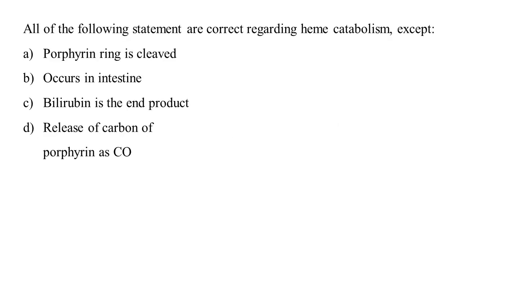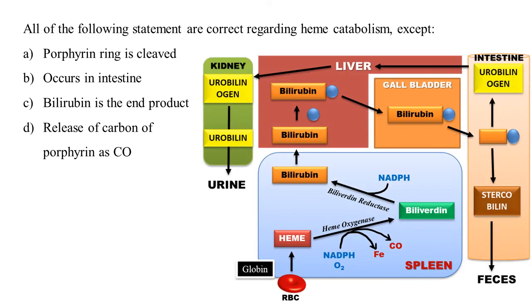All of the following statements are correct regarding heme catabolism, except. Four statements are given, out of which one does not represent the correct stages of heme catabolism. As you know, RBC has a limited lifespan of 120 days, after which it surrenders to the laws of nature. In the reticuloendothelial system, of which the spleen is also a part, it is degraded.